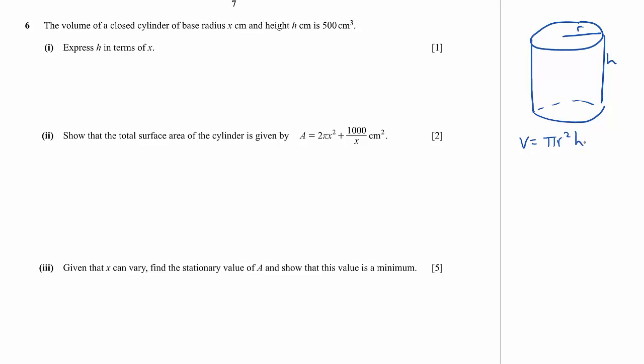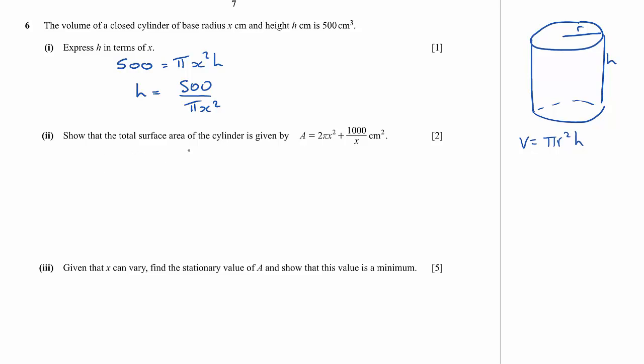So in this case, 500, which is the volume, is equal to pi x squared h. And that means that h is equal to 500 divided by pi x squared.